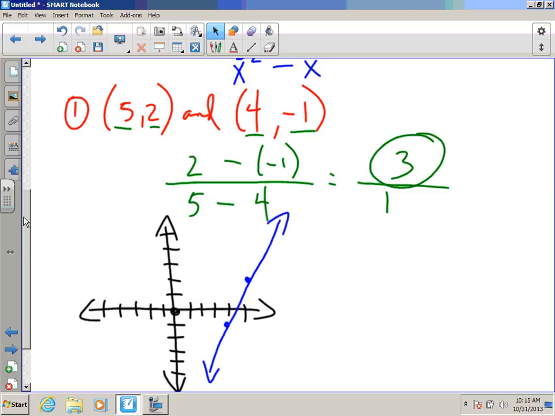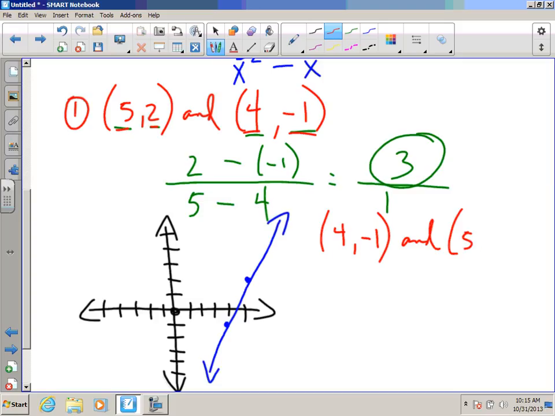All right. Let's look at something else too. We just took these in order. I used that first y and I subtracted the second y. I used the first x, subtracted the second one. Does it matter which one we do first? If I were to flip-flop the order, would it matter?